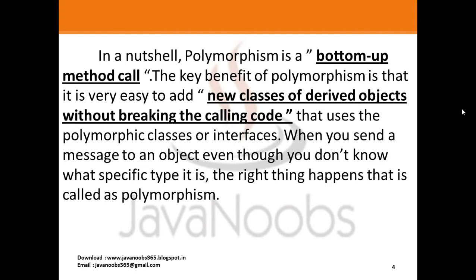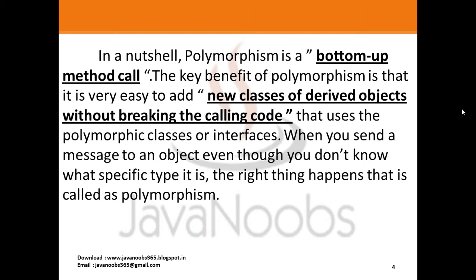When you send a message to an object, even though you don't know what specific type it is, the right thing happens, and this is known as polymorphism. Polymorphism is a bottom-up method call. It's very easy to add new classes of derived objects and you won't affect the calling code in any way.